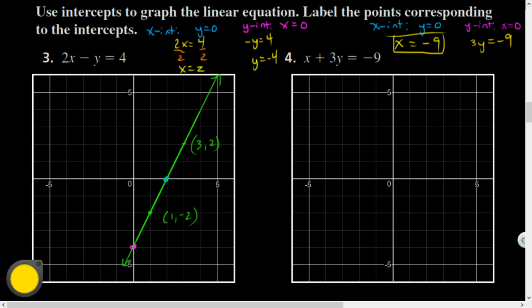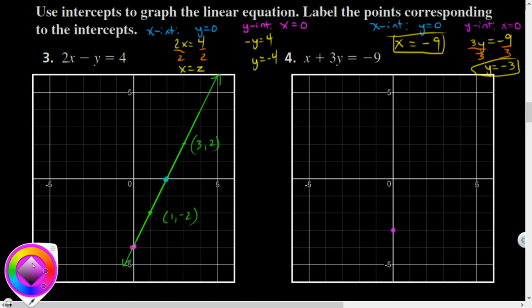How do I solve that for y? Yep, divide both sides by 3, and we'll get y equals negative 3. So that means my y-intercept occurs at negative 3.